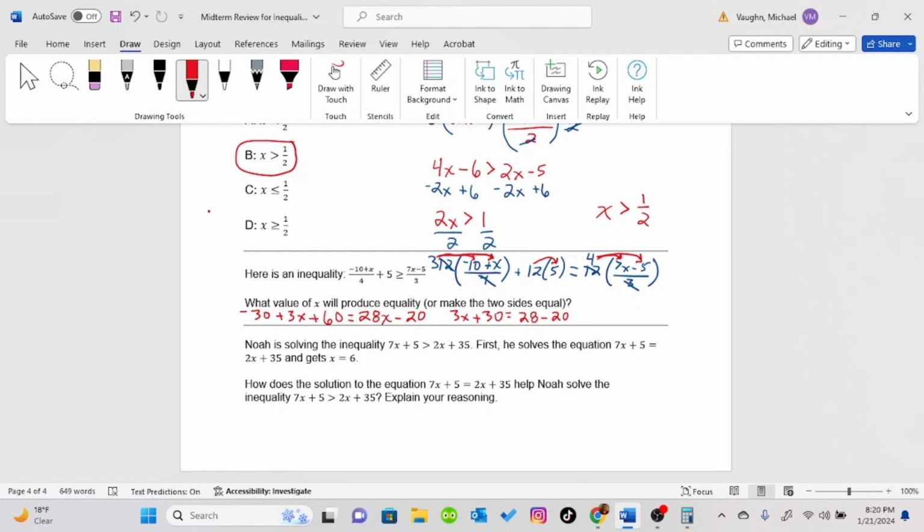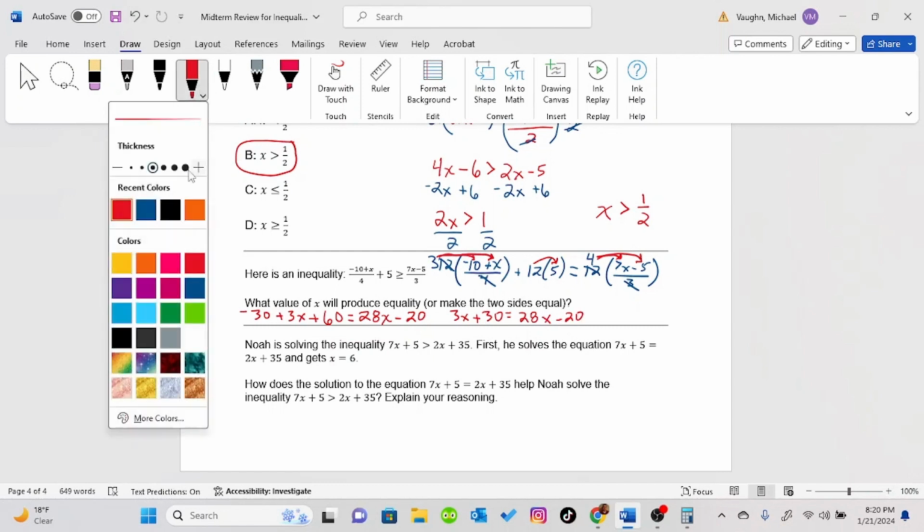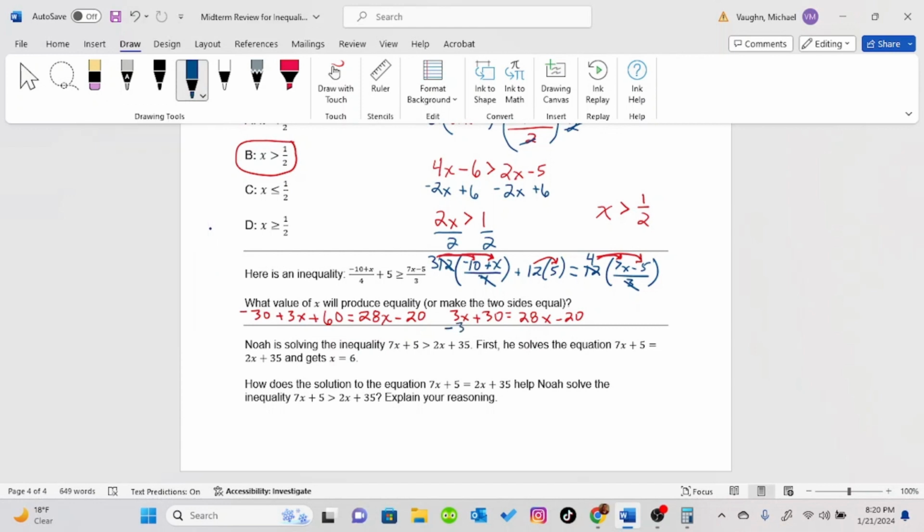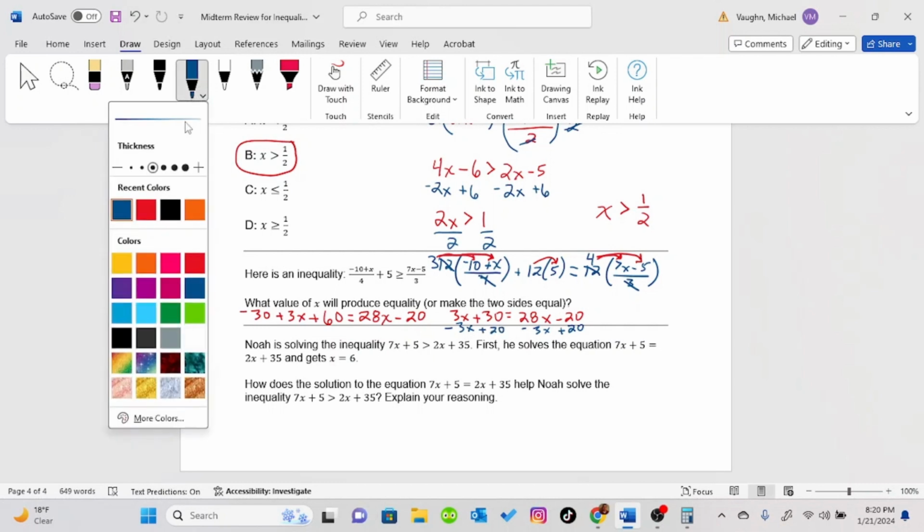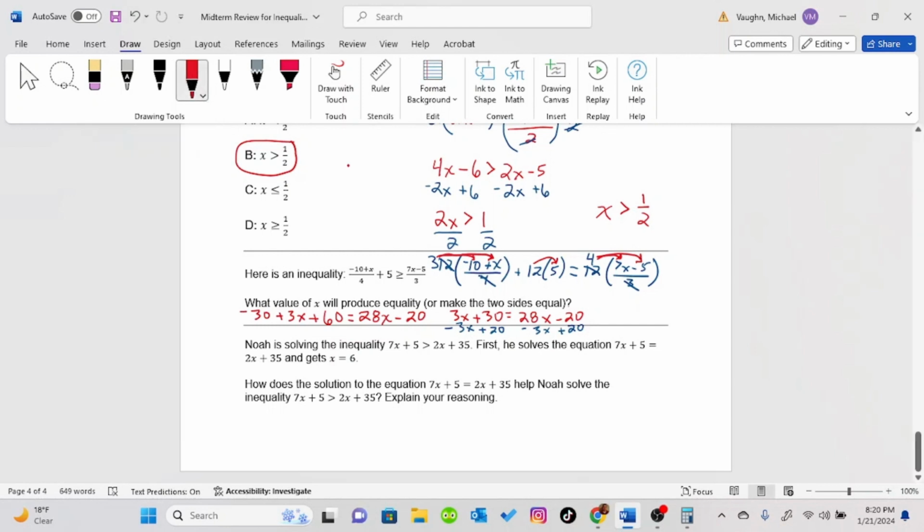We're going to get rid of the smallest x by subtracting 3x from both sides, which means we will add 20 to each side. 30 plus 20 is 50. 28x minus 3x is 25x.